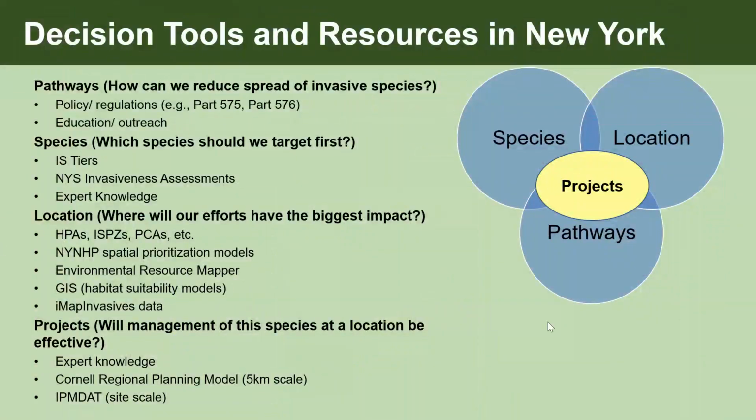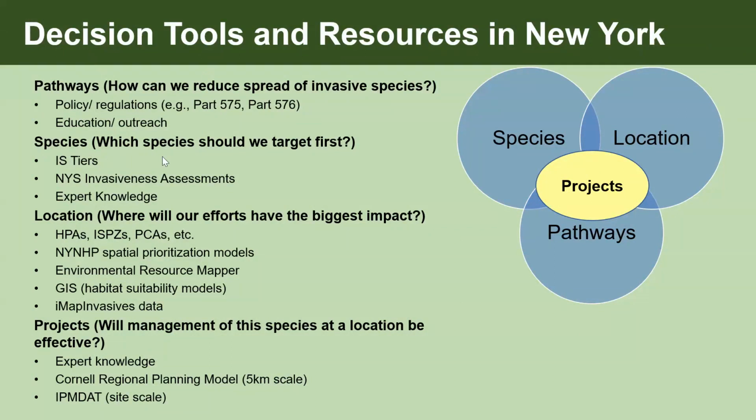All right, and so for a different work group a couple months ago, I tried to compile some of the different products that are available throughout the state, or different ways that we tap into things. With pathways, of course, it really comes down to policy and regulations, like Part 575 and Part 576, which are big ones for reducing pathways of invasive species, and education and outreach is crucial.